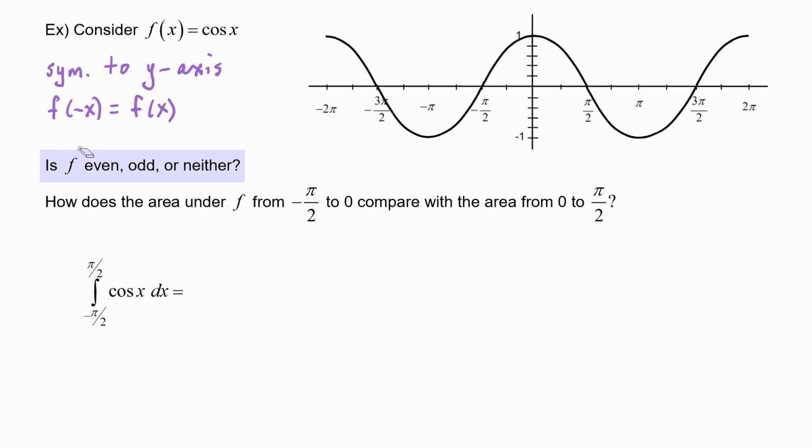Now make sure you understand what this means. This is saying the y value at negative x is exactly the same as the y value at x. And looking at this graph, you can see that the y value at negative pi over 4 is exactly the same as the y value at positive pi over 4. So cosine is an even function.